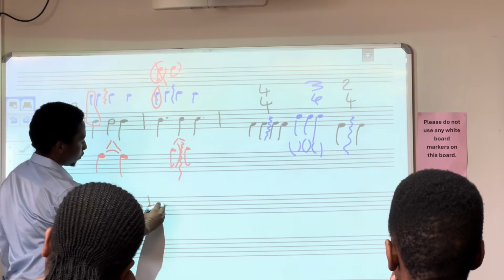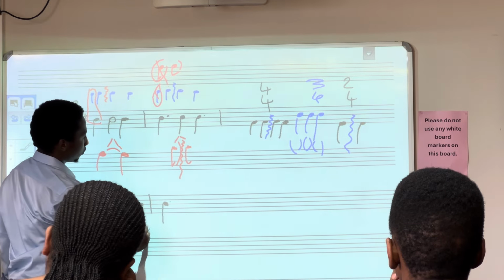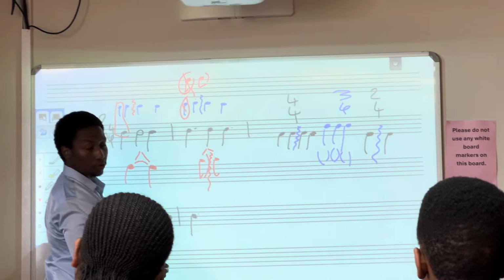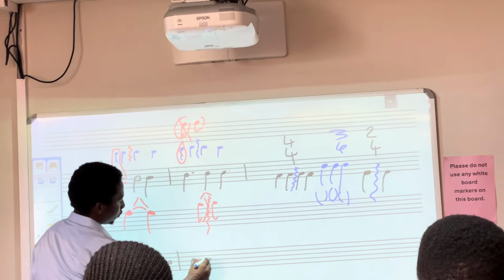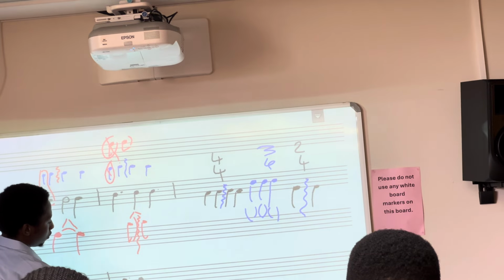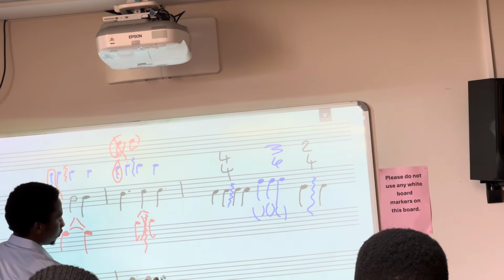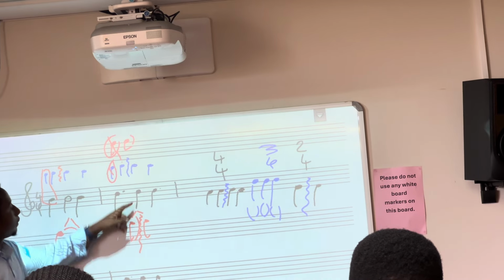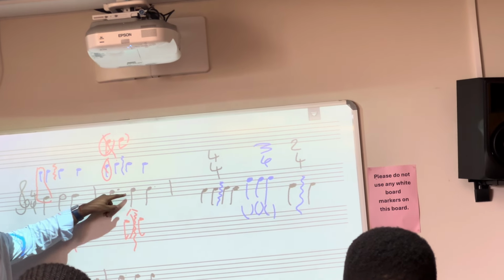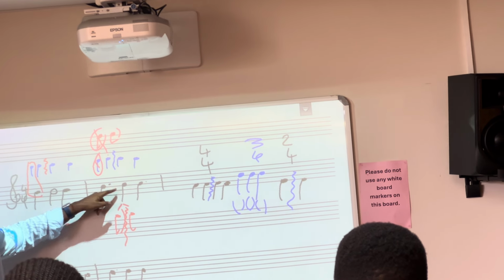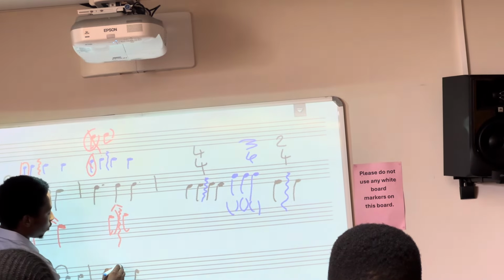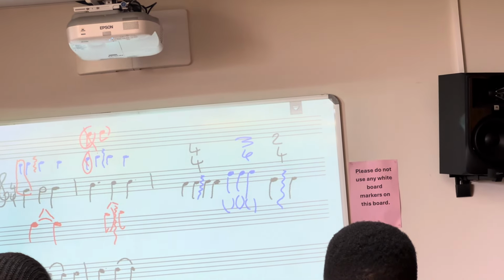So I've dotted, crotchet. I've split this into 2. Split, split. It's a crotchet, so I need to show that the original value must be maintained. So there's my tie.